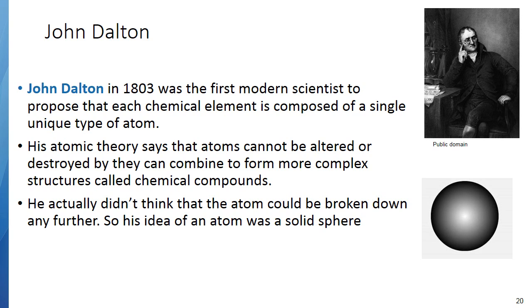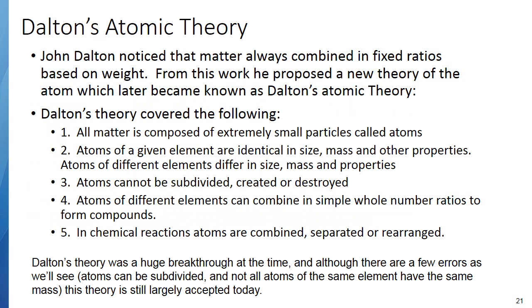He created the atomic theory that we'll look at on the next slide, and he basically said that atoms cannot be altered or destroyed, but they can be combined to form more complex structures, which he called chemical compounds. And he believed that the atom could not be broken down any further. So the picture on the bottom right shows John Dalton's idea of what the atom is, a solid sphere that couldn't be broken down any further.